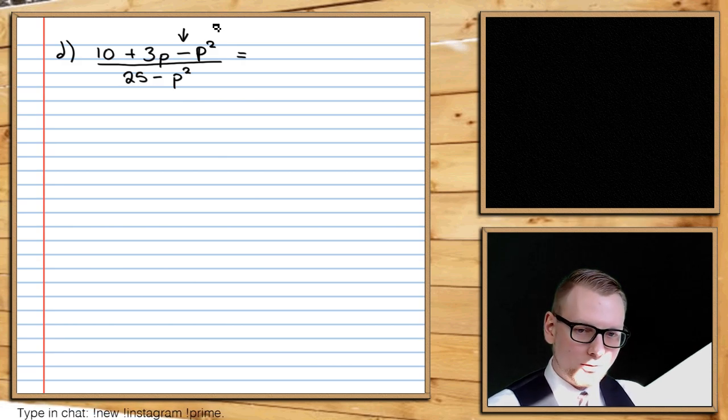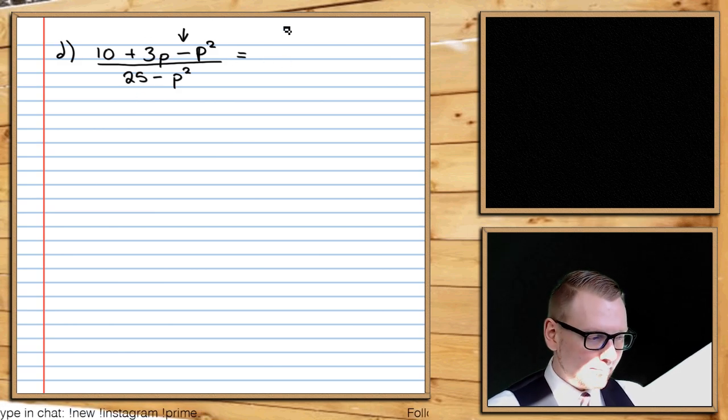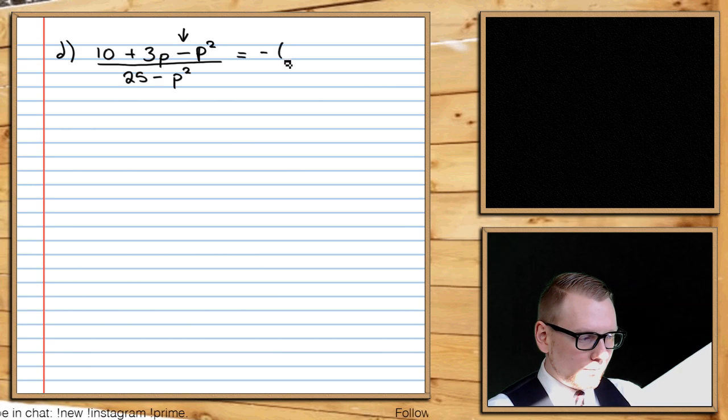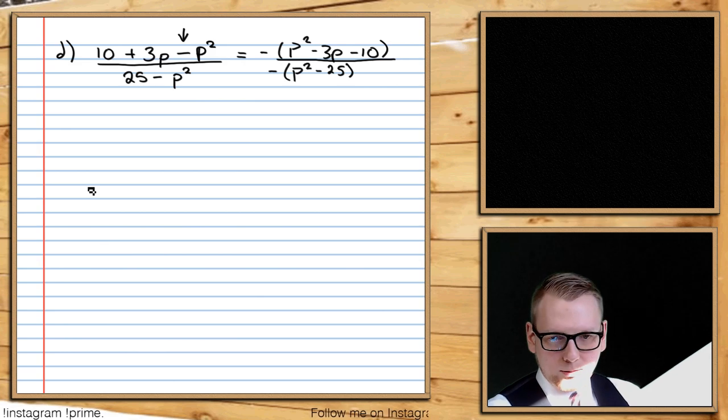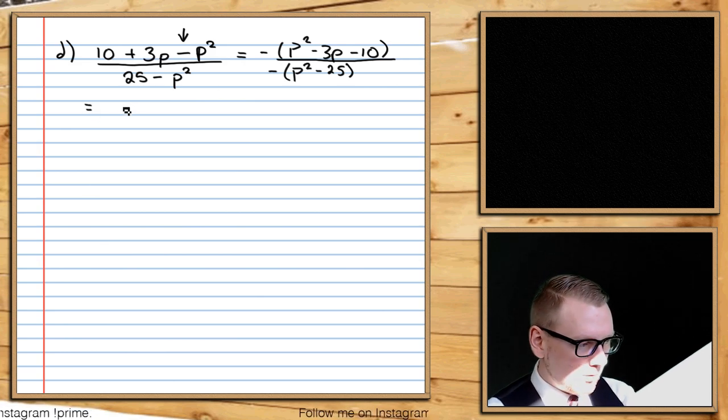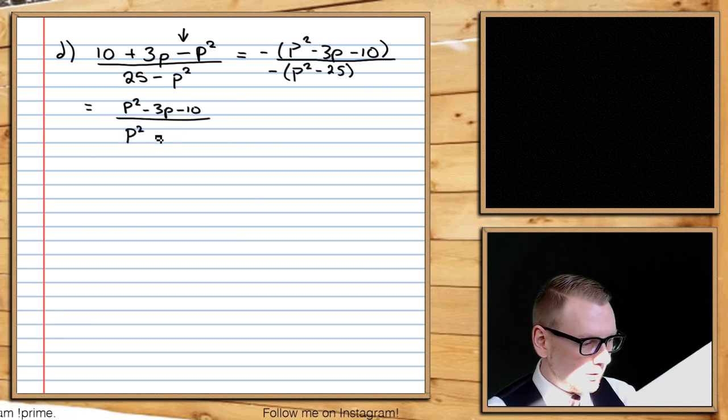You can even take it out of the bottom as well. If I take a minus sign out of the top, we'll get p squared minus 3p minus 10. And if I take a minus sign out of the bottom, we'll get p squared minus 25 instead. And then a minus times a minus is a plus. So then we would just have p squared minus 3p minus 10 all over p squared minus 25.